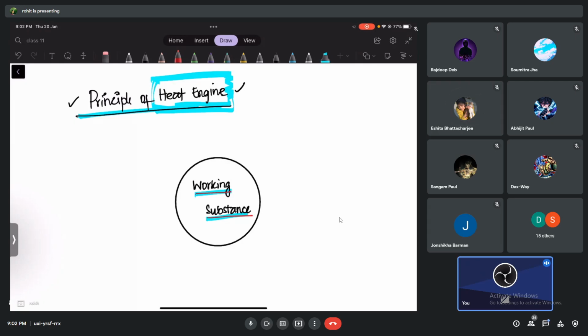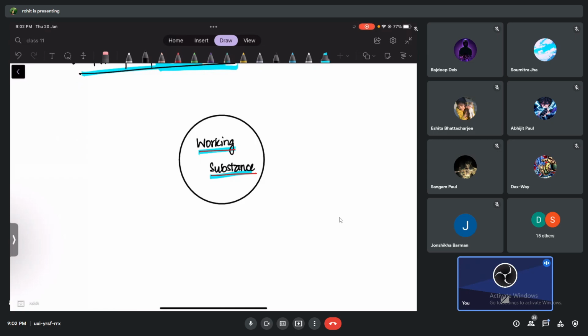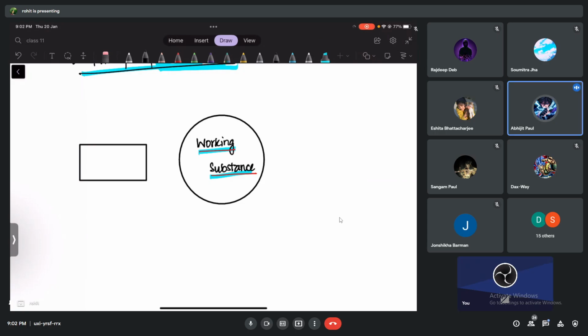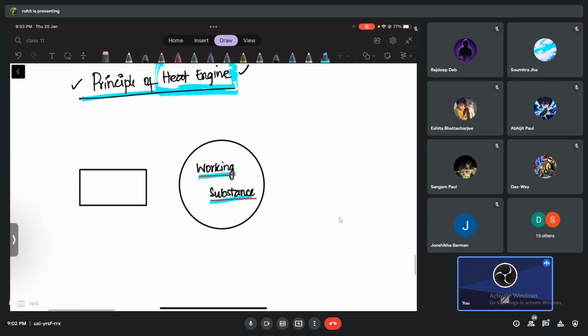Then one more thing, what should a working substance do, guys? What do you think? It just should sit like that, or it should gain heat? It should gain heat. Very good. So look here, in any heat engine you should have a source of heat. Look at this. Source of heat. And what should be the temperature of the source of heat?